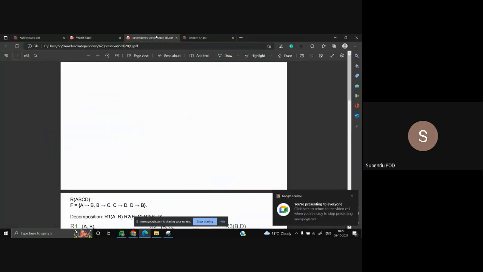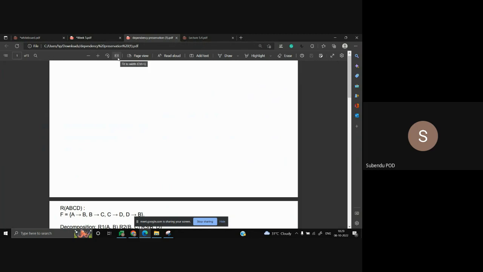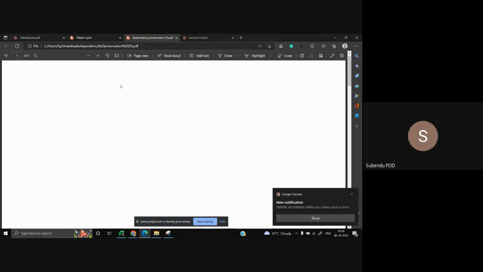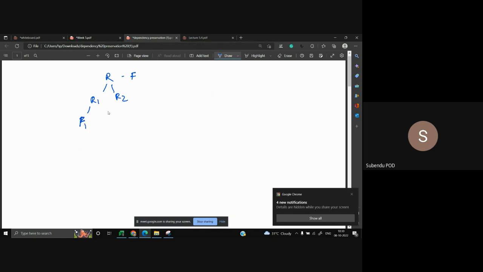Now we'll see dependency preserving. Suppose there is a relation R with a given functional dependency set F, and we have decomposed it into two tables, R1 and R2. The corresponding functional dependency for R1 is F1, and for R2 is F2.